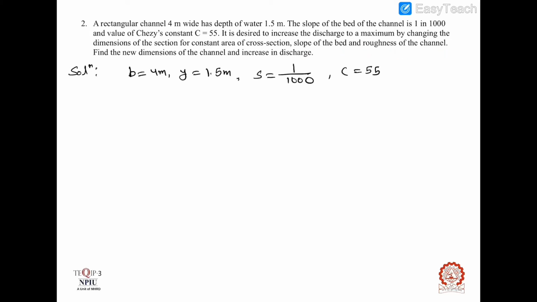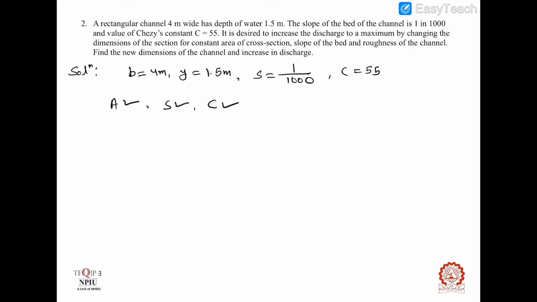So area of flow A we have to keep constant, S we have to keep constant, and C we have to keep constant. What values we need to change to have maximum discharge through this rectangular channel? We need to vary width of the channel and depth of flow.